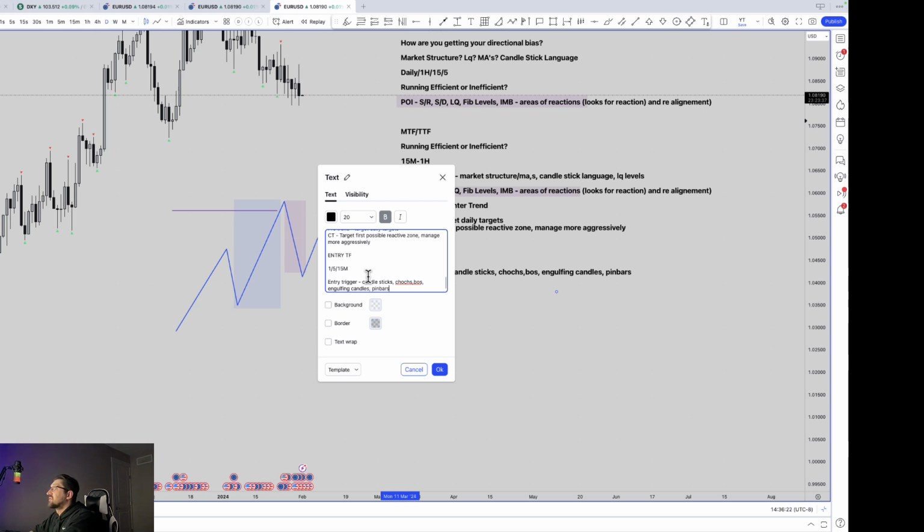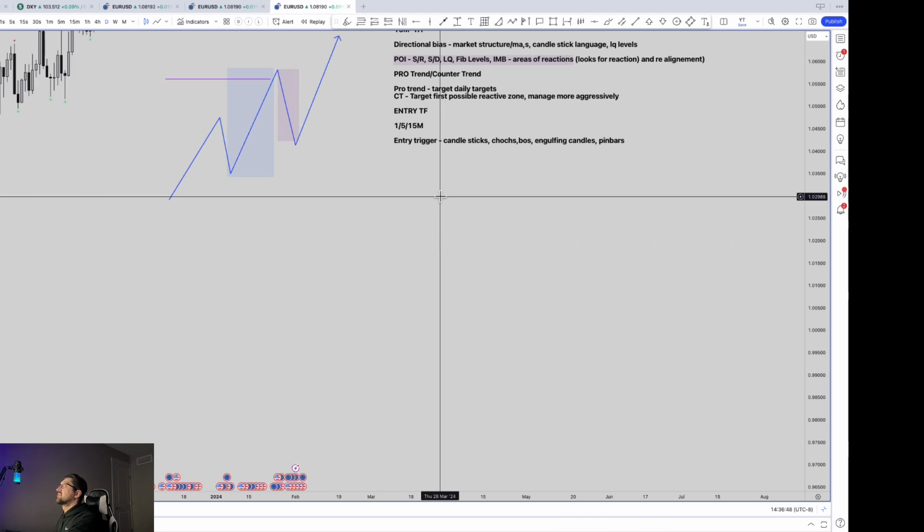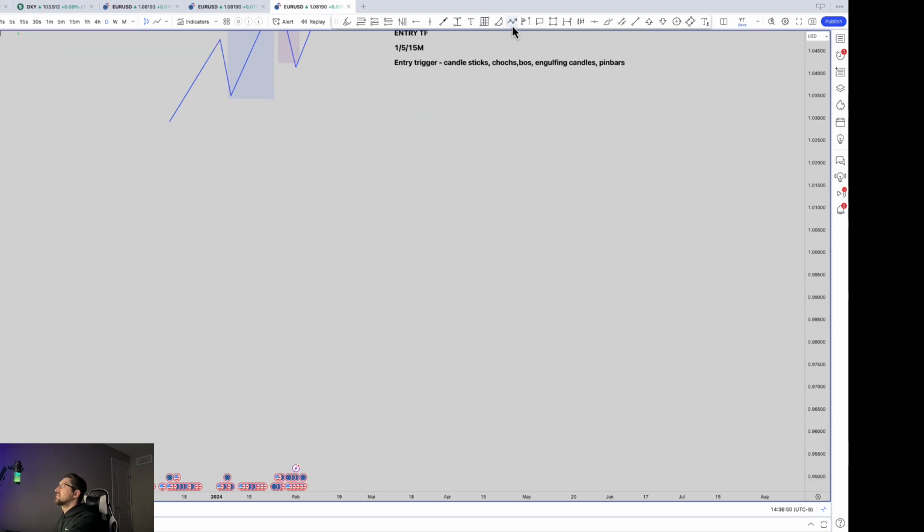I have my own candlestick language I use that's basically none of those. For me, it would be candlesticks and breaks of structure, respect of liquidity levels. As far as pin bars and chalks and all that, I don't really use them that way, but that's my entry trigger.